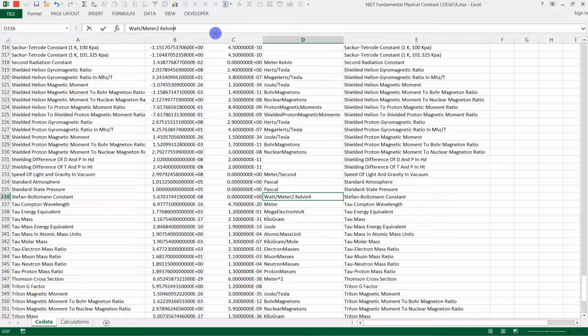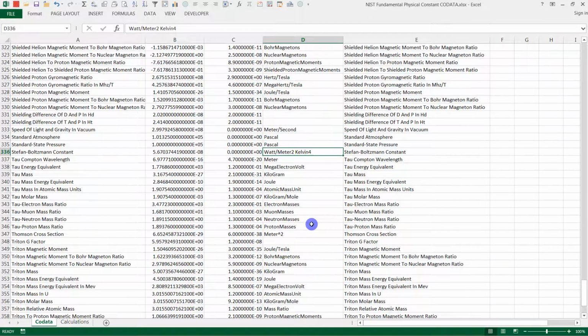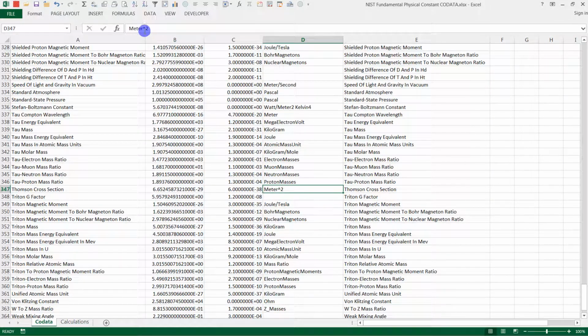So you take the temperature, multiply by this constant, multiply by the fourth power of the temperature. It tells you what the energy flow is in watts per square meter, the power flow from there. Okay, and that one I've used a lot, and it's worked. Okay, meter squared is just going to be a standard.